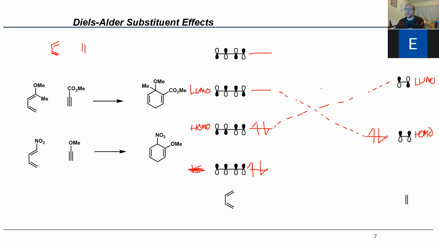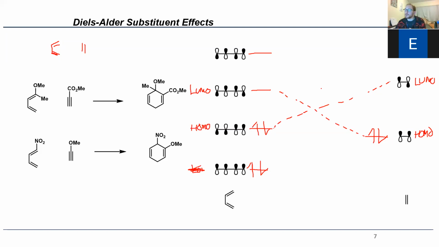And so big HOMO-LUMO gaps means less reactivity. And so as we bring the HOMO and LUMO gap smaller and smaller and these energy levels closer together, we're going to see faster reactions. And so this is fortunately something we control with substituent effects.